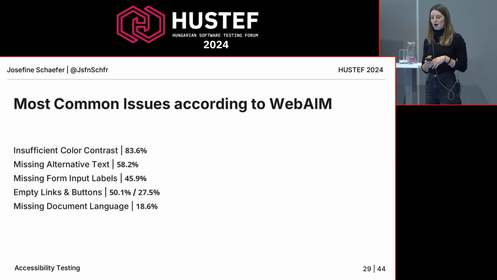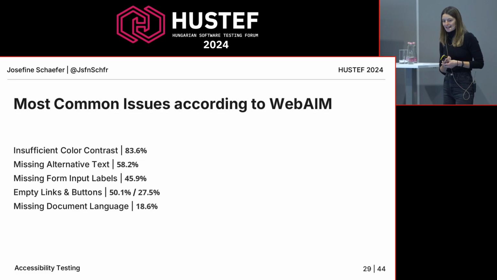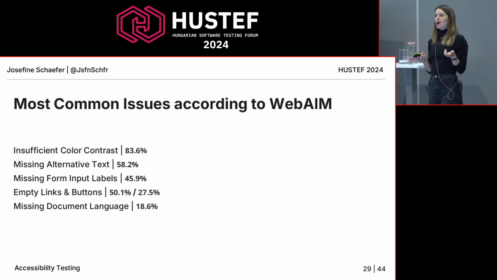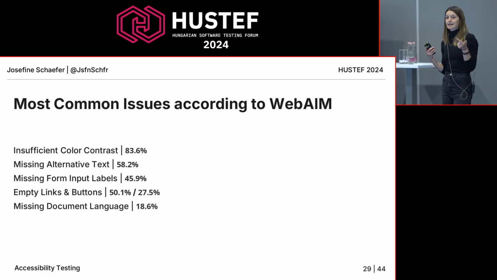And so we're going to have a look next at what we can actually do, where can we start looking? There's a report, it's also linked in the resources in the end, by WebAIM, and they looked at 1 million most popular websites, they crawled them automatically, and looked at what are the most common issues in terms of web accessibility.